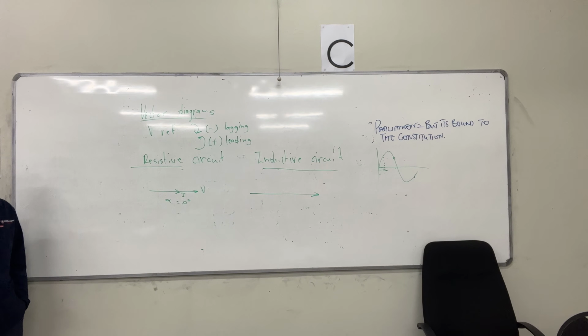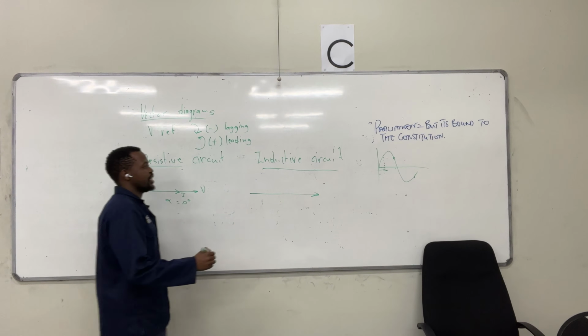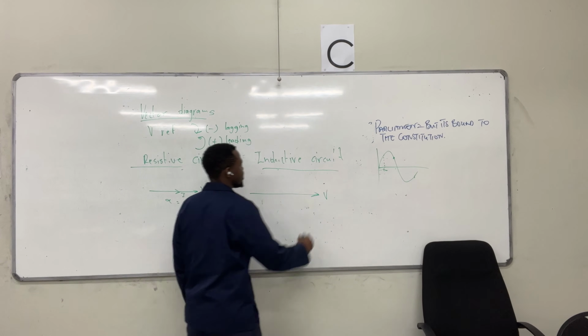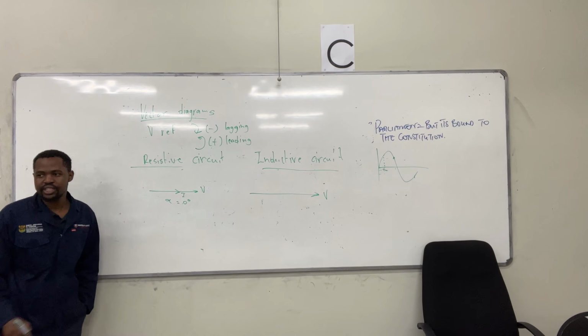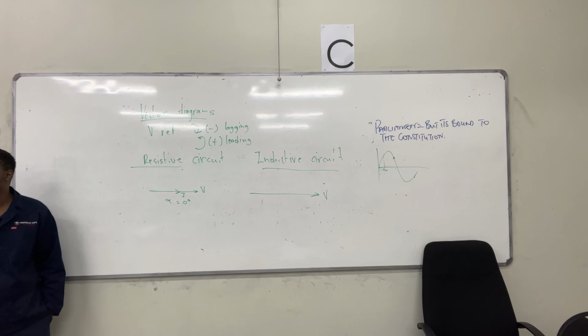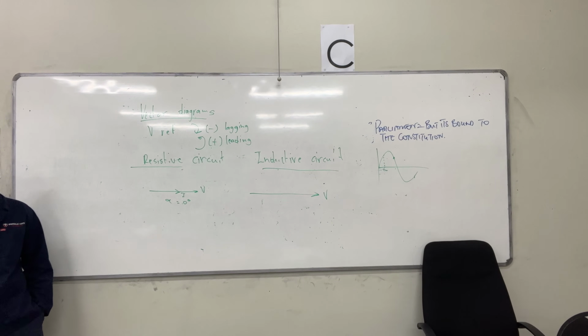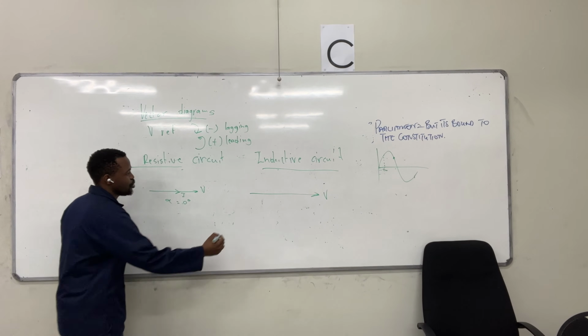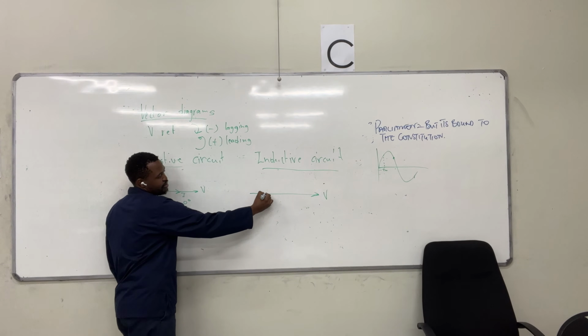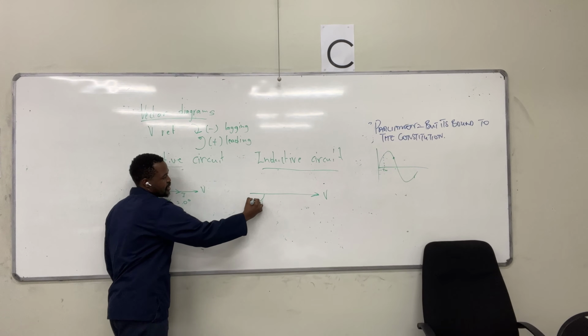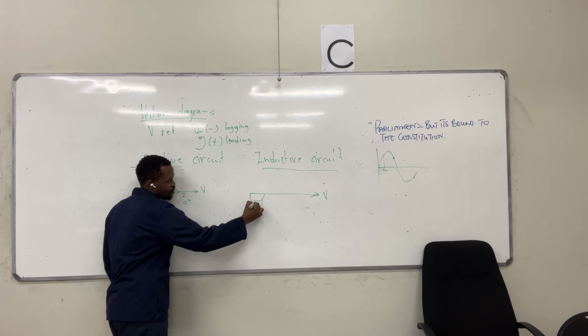The current in a pure inductive circuit lags the voltage by 90 degrees. That is a pure inductive circuit. So we start at my reference phasor and rotate 90 degrees. Here is the 90 degrees.